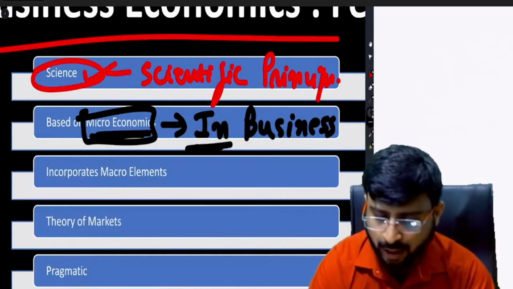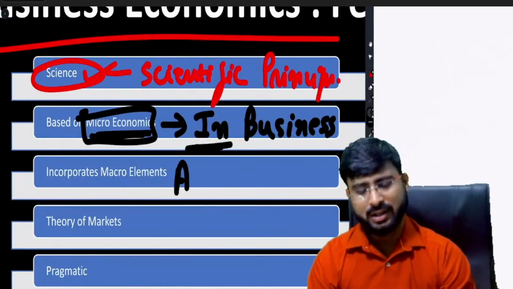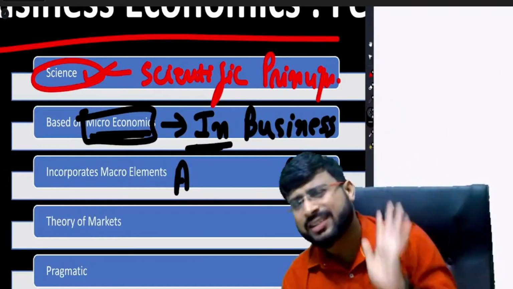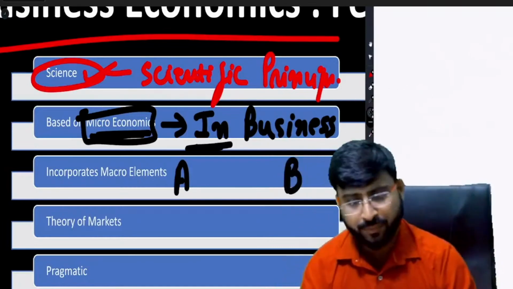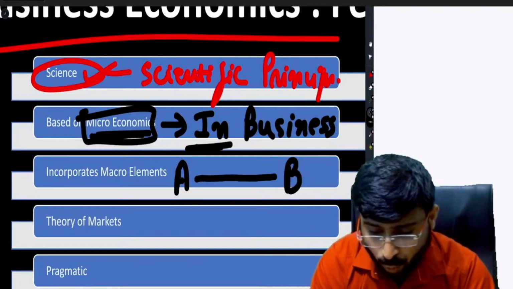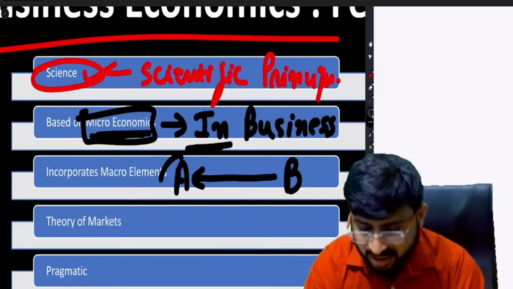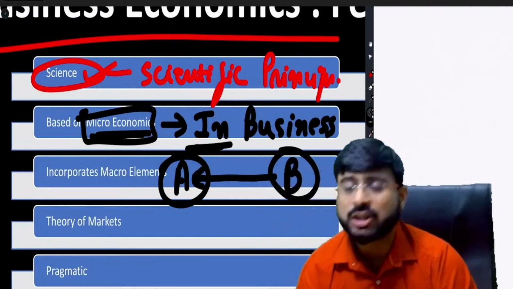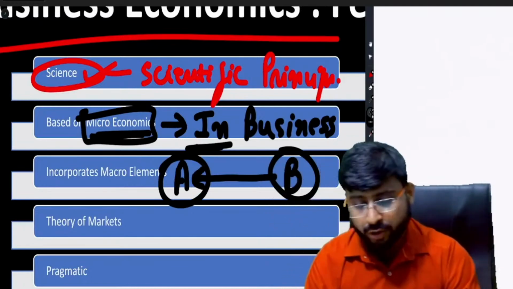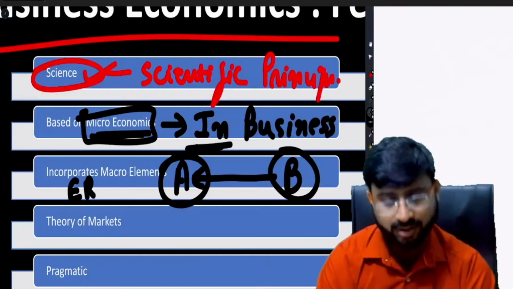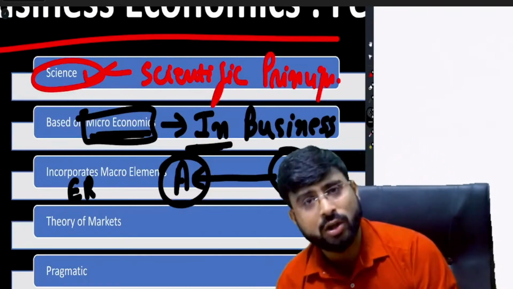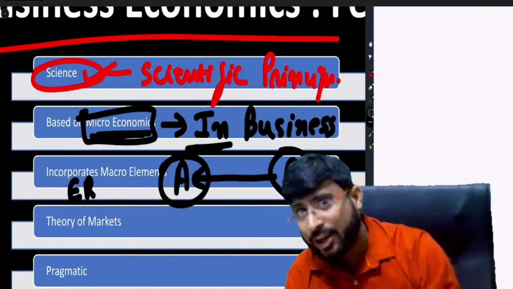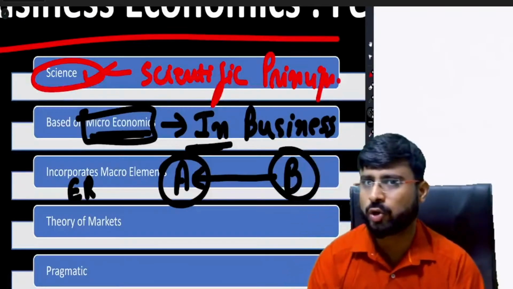Suppose a businessman, Mr. A, is importing something from, let's say, Mrs. B, another businesswoman in, let's say, the US. Now, when Mr. A is importing something, both Mr. A and Mrs. B must have the knowledge of what? Both must have knowledge of the exchange rate. For example, let's say $1 is 80 rupees, 78 rupees, 79 rupees. This is the concept of macroeconomics.